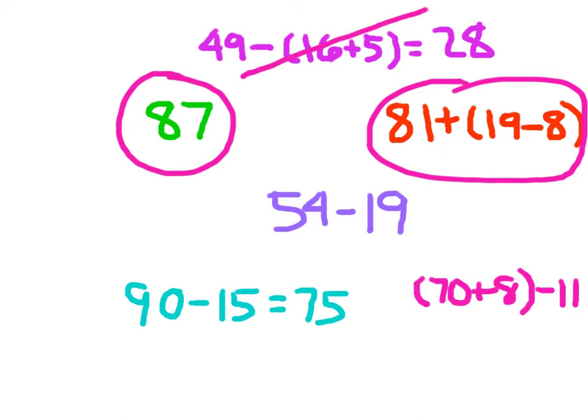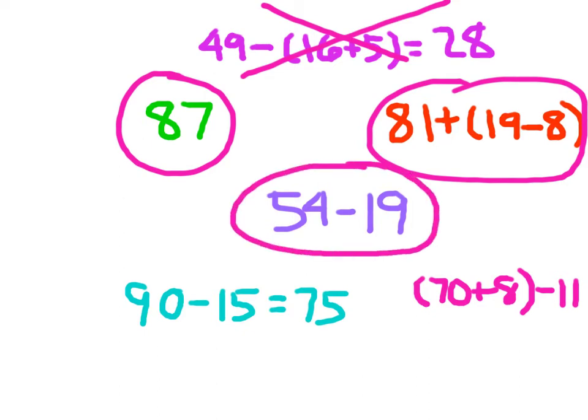That there is not an expression. It is what's called an equation. 54 minus 19 is an expression.